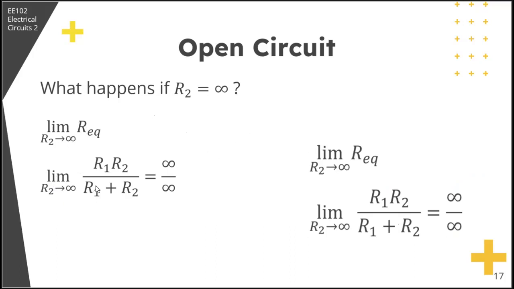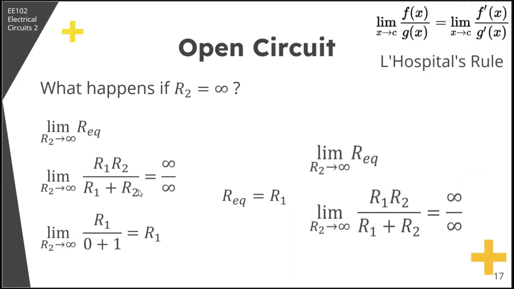So that would be R1 times R2 over R1 plus R2, just disregard the previous part.